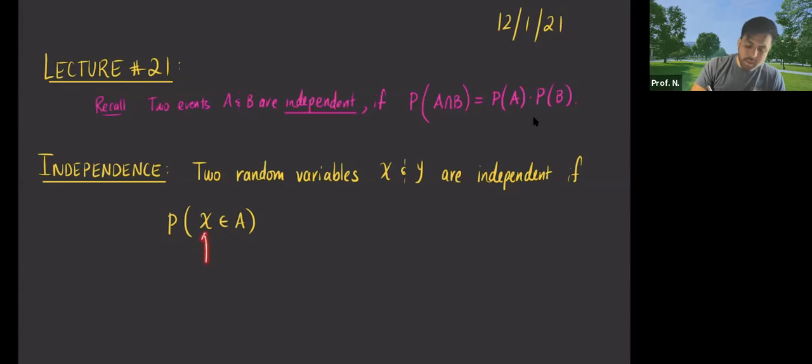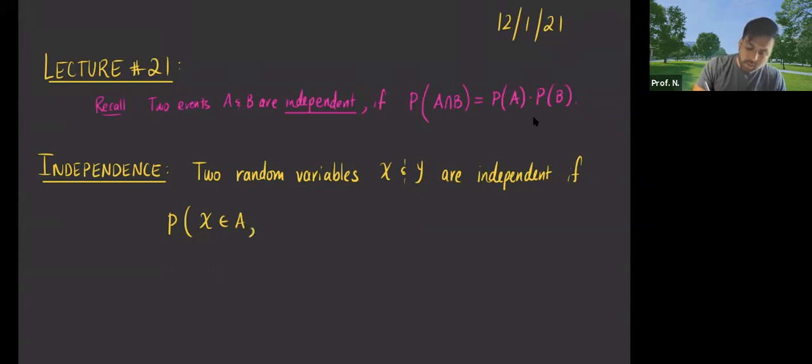So x could be any random variable. As you can tell, I didn't specify whether it's discrete or continuous. As long as x pertains to a set, and this set could be an interval. The set could be specific discrete values.